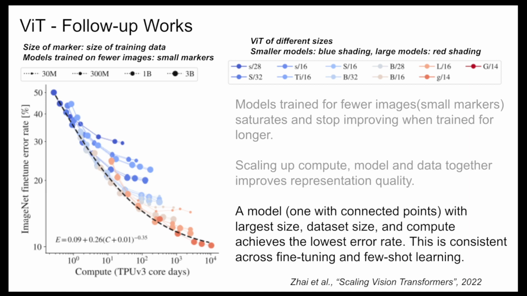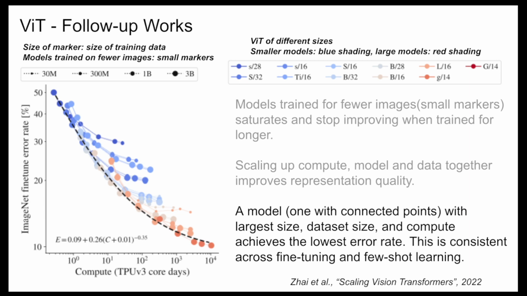Also, the model with the largest size, the red dots, with the dataset size being huge, the big dots, which is 3 billion images, and enough compute achieves the lowest error rate.